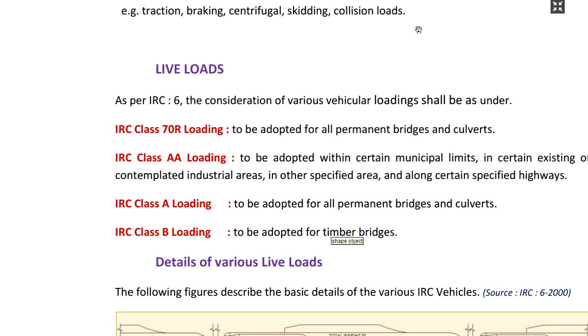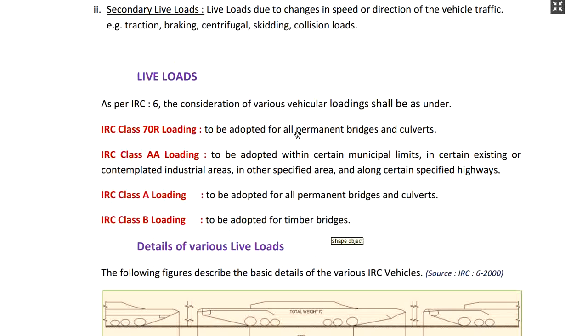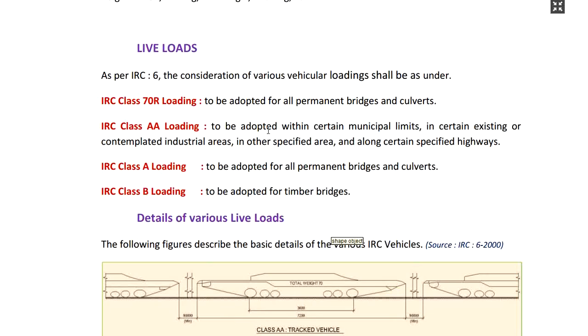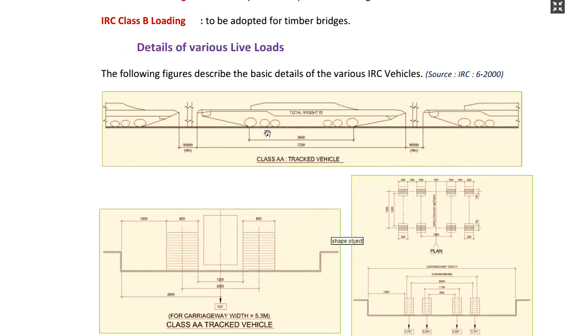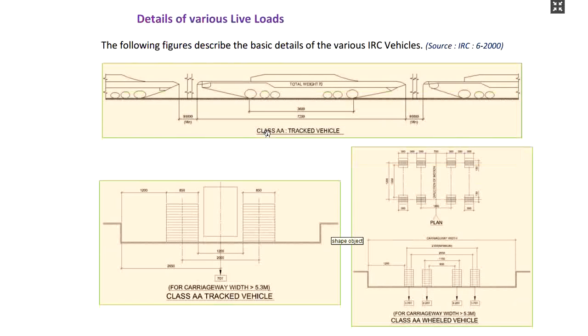So let us have a look over the different types of loading. If you refer to IRC 6, they are giving different types of loading. First is the class AA tracked vehicle, for which they give the provision for the track type of vehicle, and second is for the wheel type of vehicle.